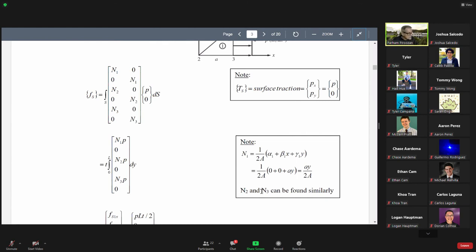N2 and N3 we can find similarly. I want you to find N2 for me. You have 2 minutes, find N2 for me. All right, 2 minutes. Tell me, what do you get for N2? I'm also doing it here.